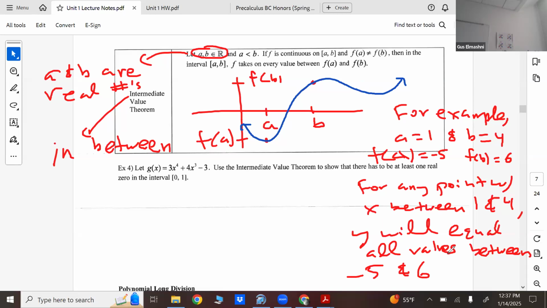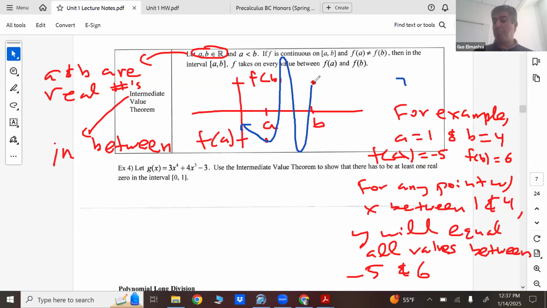Maybe. I'm not sure, because my graph could have done this, by the way. If I so desire, and you will investigate this theorem again when you get to calculus, and you'll see it in another light as well. Your graph could have done this, totally.